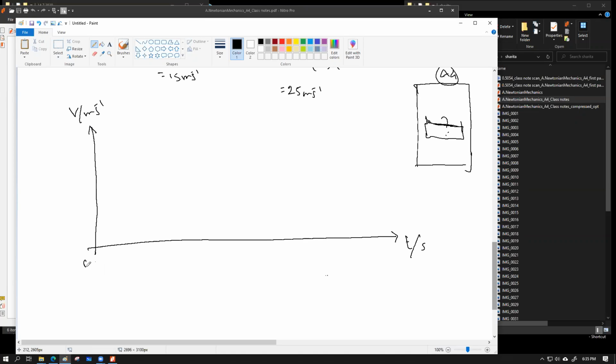So this will start from 0 because I'm going to show both the values starting from 0. Object starts from rest, time starts from 0. Here I should give 15 vertical marks. Let's say over here 10, 20, 30, 40.